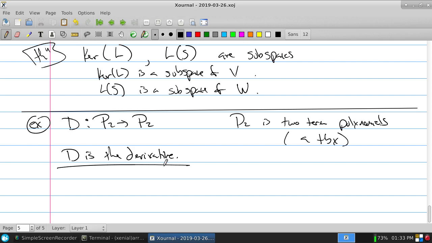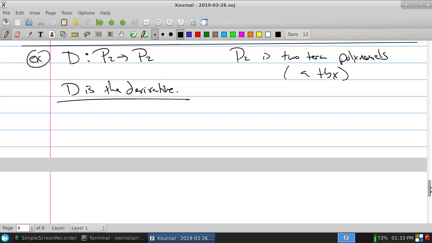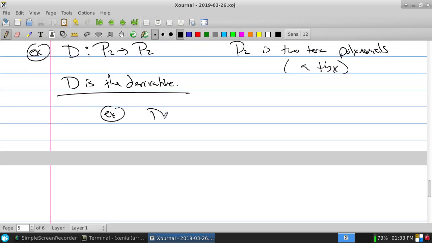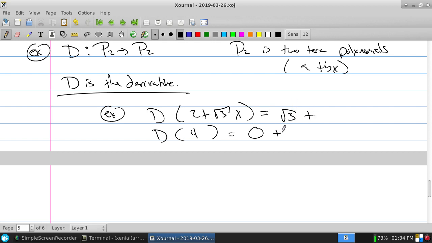So for example, what is the derivative of 2 plus the square root of 3x? Square root 3. What is D of 4? 0. And actually, if I would write square root of 3, what does square root of 3 look like as a P2 object?